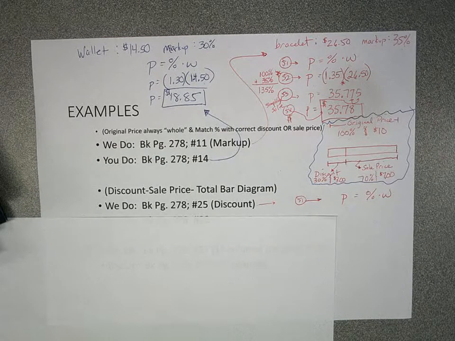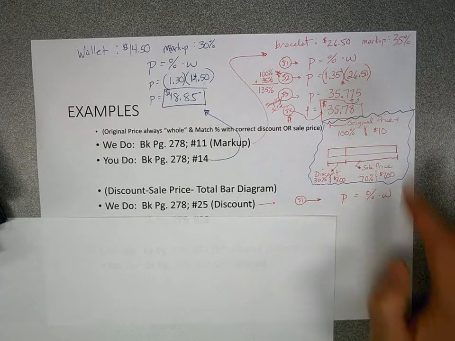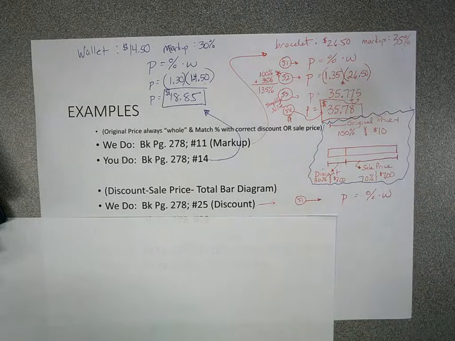Now, just like the markup, you can actually find out what the discount is by finding that percentage times the cost of, in this case, the boots, right? And then turn around and find that discount and subtract it off of the regular price, okay? But this, of course, is going to be very similar to that. We're going to save that extra subtraction part, sort of, all right? So here's what we're going to do.